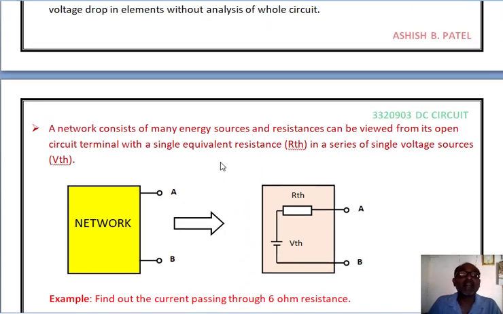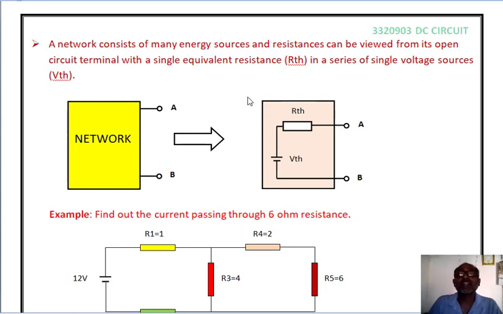Again I repeat, this is the Thevenin's equivalent circuit. Whatever network you have to solve can be converted into VTH and RTH, and then you can find the current passing through the particular element.